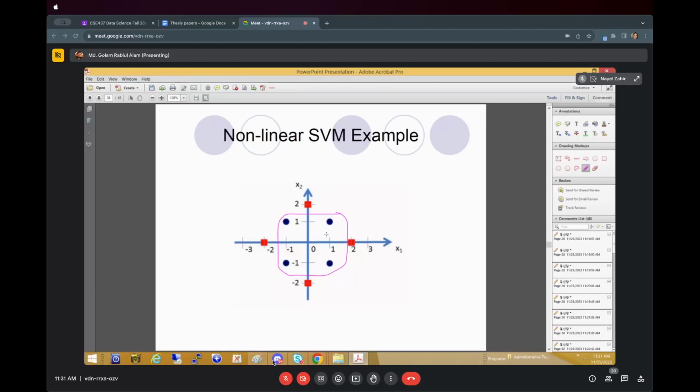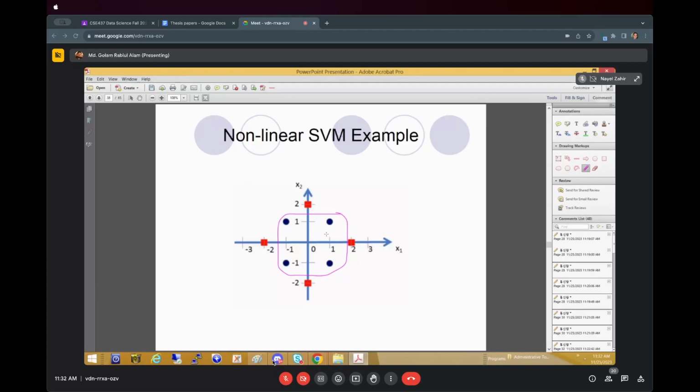What it will do is transform the data points into a new dimensional space, and in that space we can separate the points linearly.